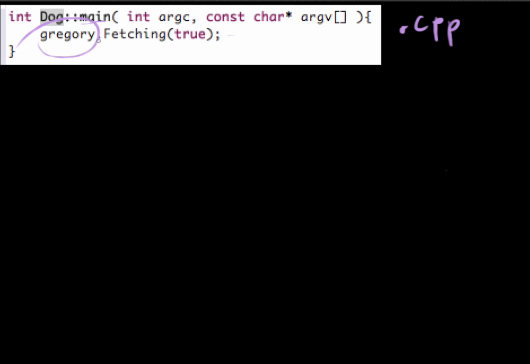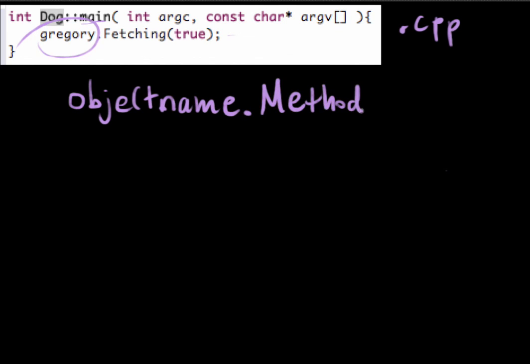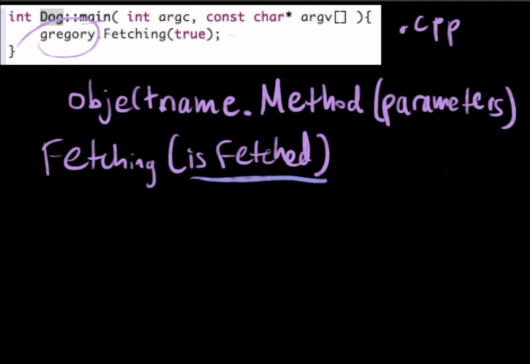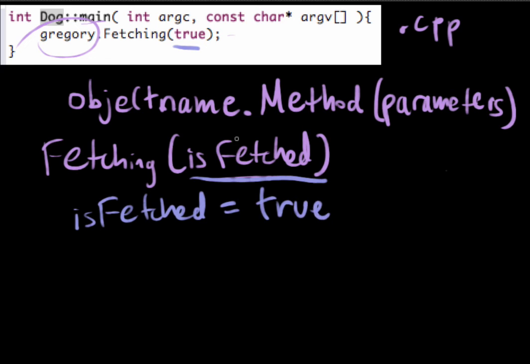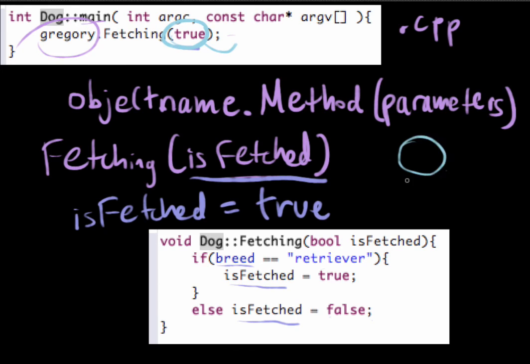So first is the object that you invoke the method on, well, the object name, and then you have the actual method, and then you have some parameters, and parameters just tell you what to put in the method. IsFetched matches up with true. So basically we're saying that IsFetched is true in all places where IsFetched is used. That's it.